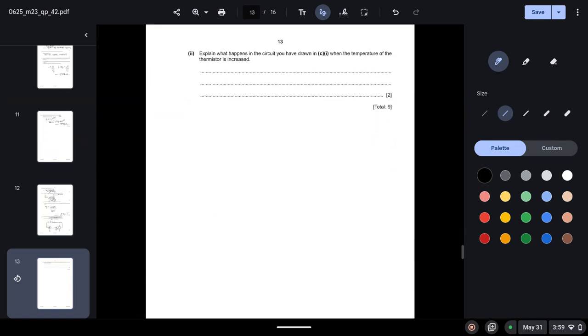Explain what happens in the circuit you have drawn when the temperature of the thermistor is increased. So we know that when the temperature goes up, the resistance of the thermistor decreases, and because of this the resistance of the circuit decreases, hence there is a greater current in the lamp.